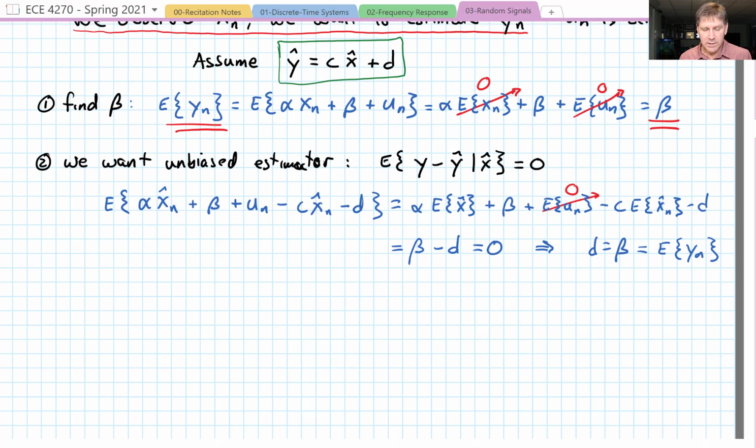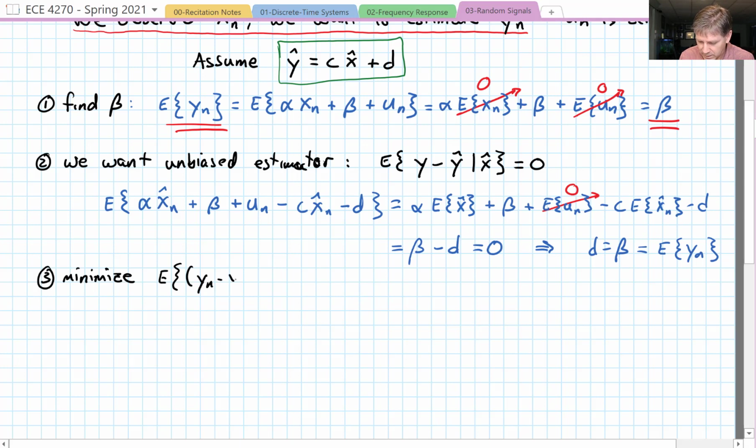Next, let's come up with another constraint. We would like to minimize the error of our estimate, the error energy. And so for this, we're going to have the expected value of y[n] minus ŷ[n] squared.